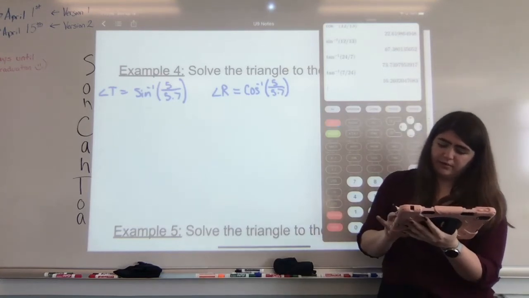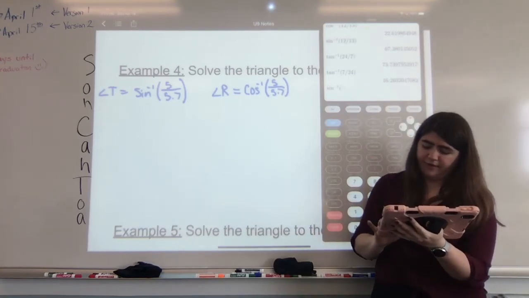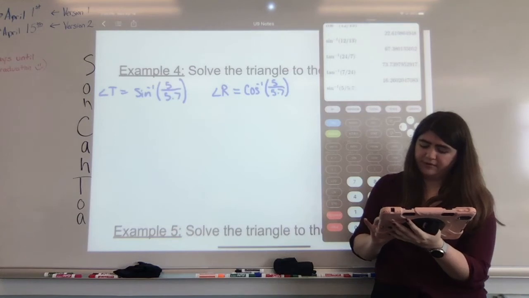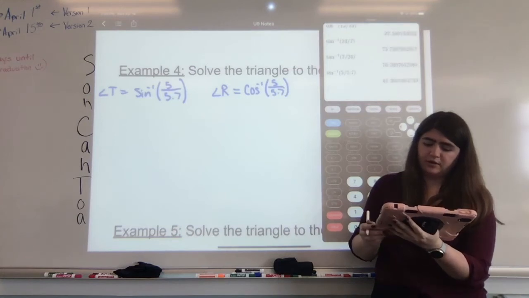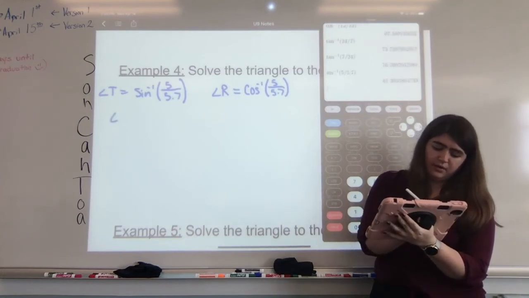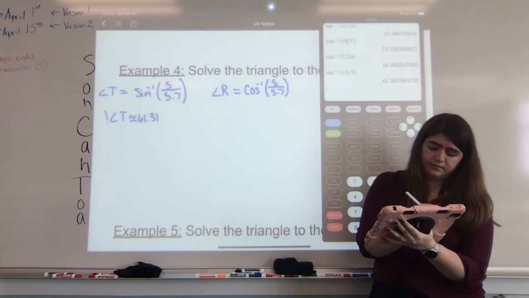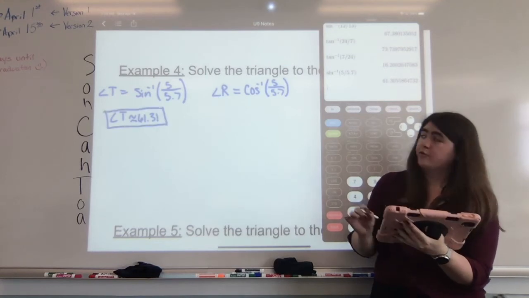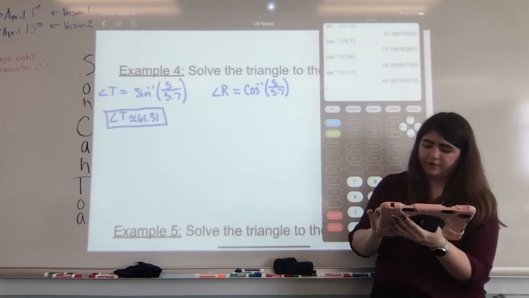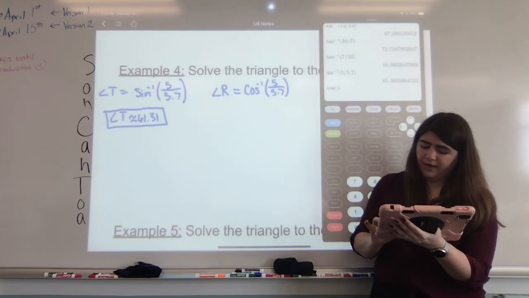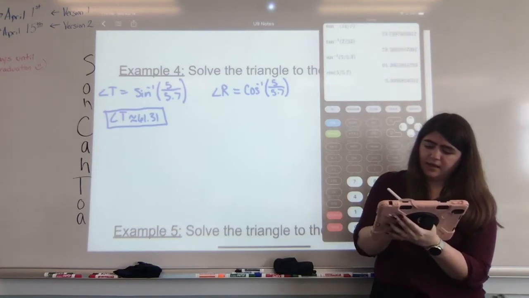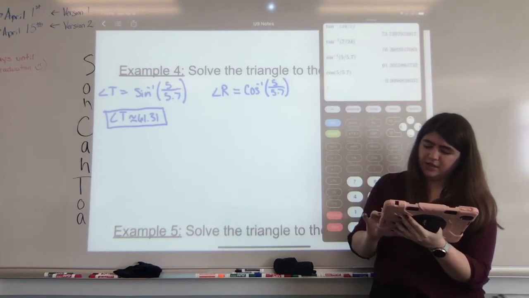So I have the inverse sine of 5 divided by 5.7. That gives me the measure of angle T. So angle T is approximately 61.31. For angle R, we have the inverse cosine of 5 over 5.7, which means that angle R, oh, I forgot to type in the inverse part.